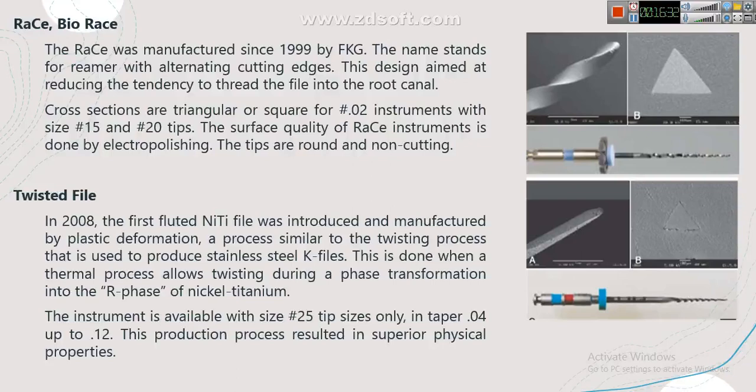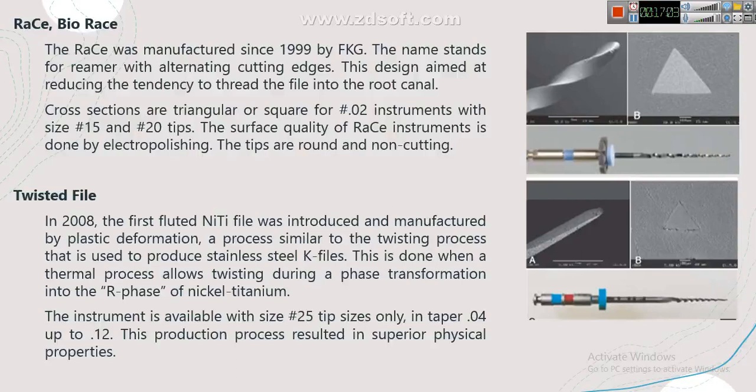So the file, based on the same scenario, can be obtained through manufacturing using a thermal compaction process. The instrument is available in size 25 only, with tapers from 0.04 to 0.12. This process resulted in superior physical properties.